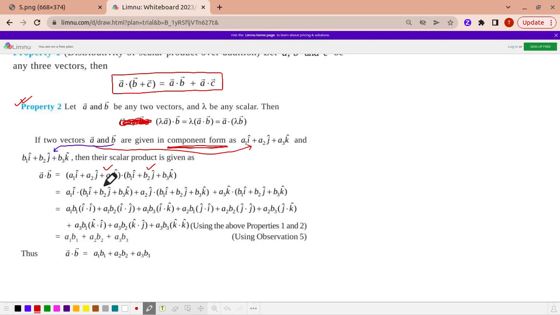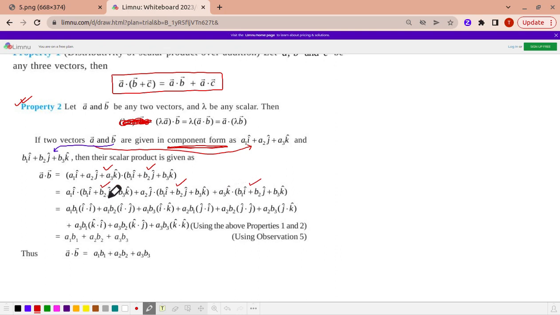So it will be A1 i cap dot B1 i cap plus B2 j cap plus B3 k cap plus A2 j cap dot B1 i cap plus B2 j cap plus B3 k cap plus A3 k cap dot B1 i cap plus B2 j cap plus B3 k cap.